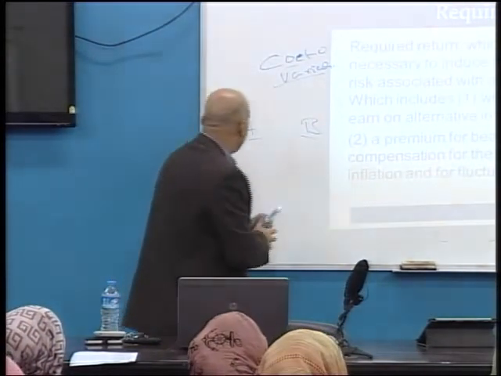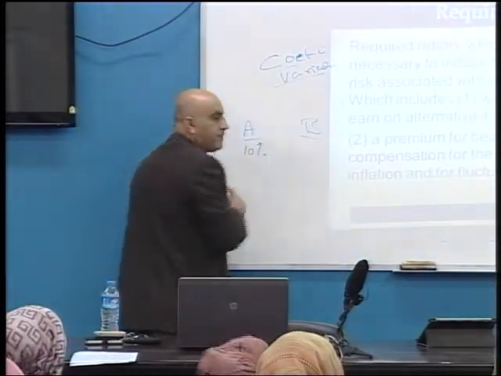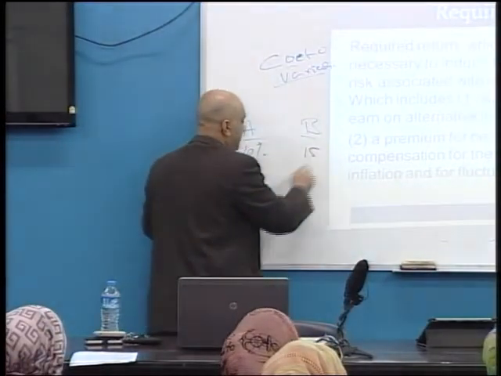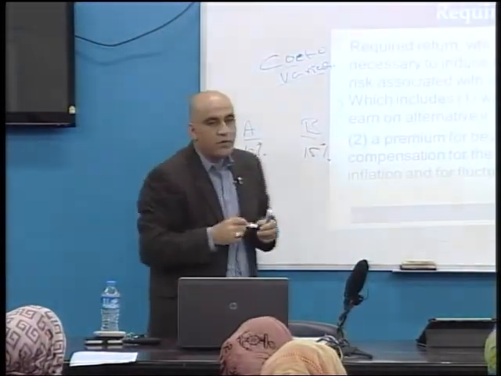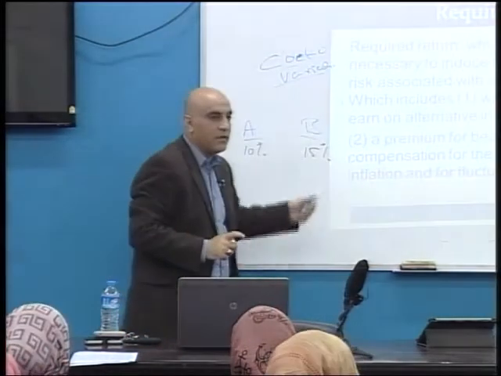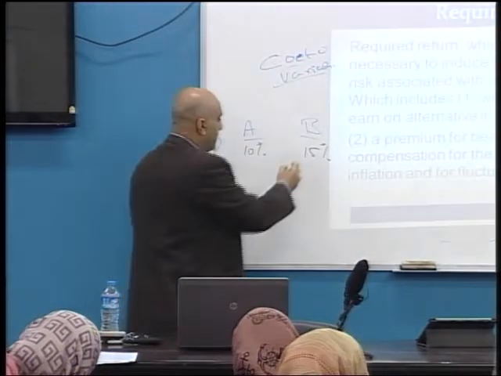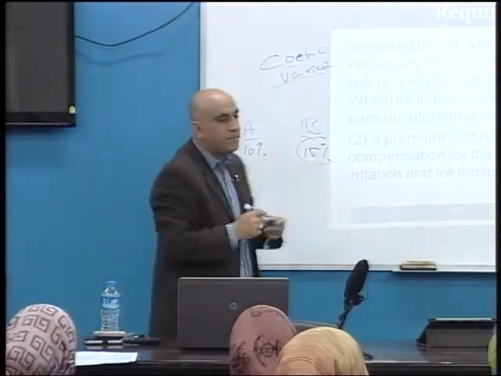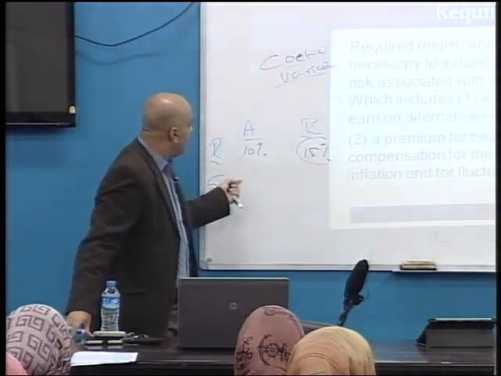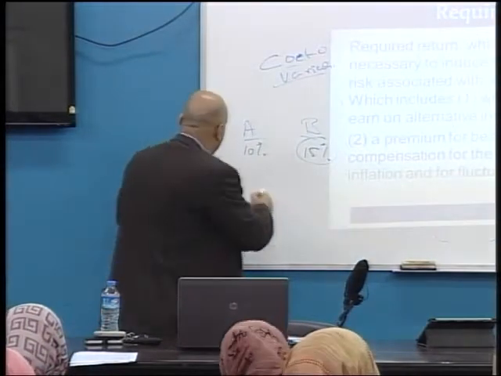Okay? Now, if the rate of return of A is 10% and the rate of return of B is 15%. Now, if I ask you one little question, which do you prefer, A or B? So it's B. From the given data, you easily say, okay, it's B. That's fine.